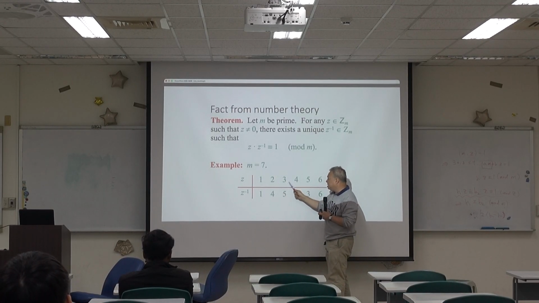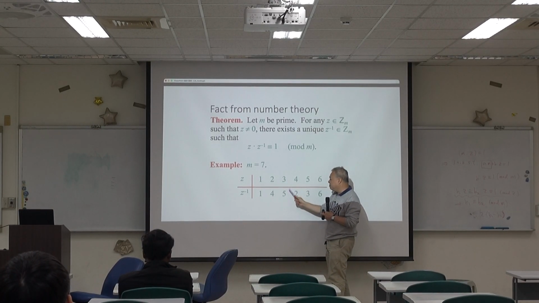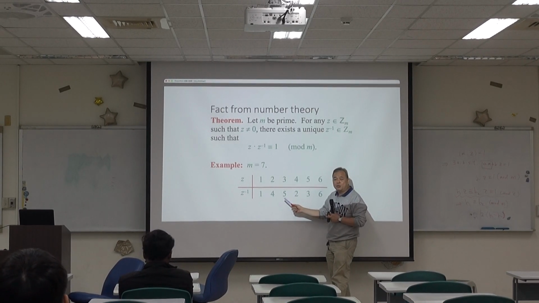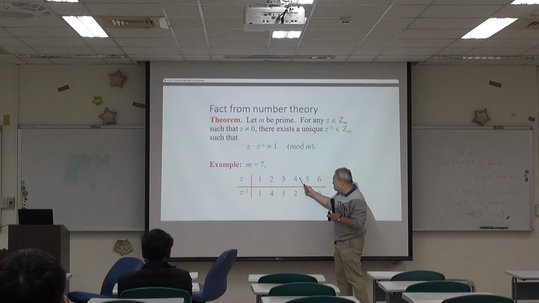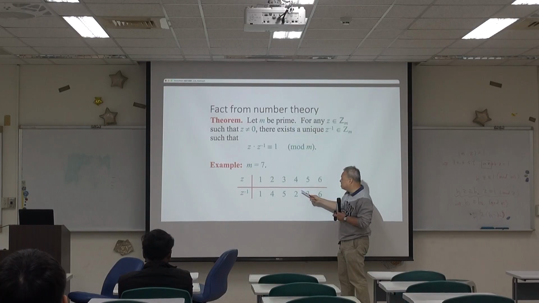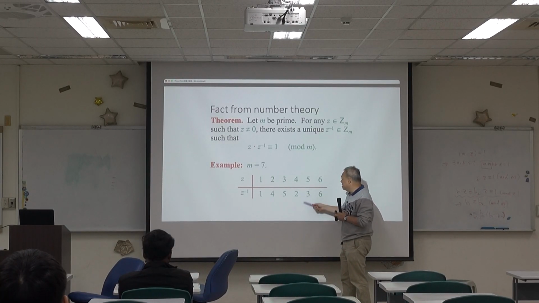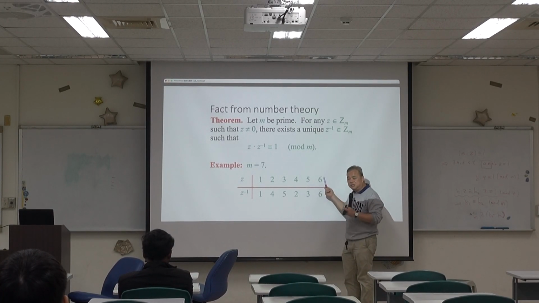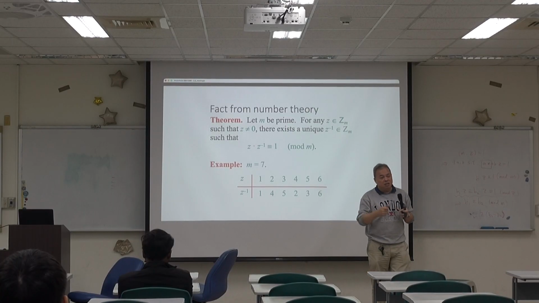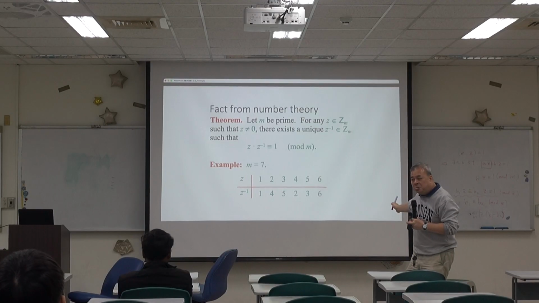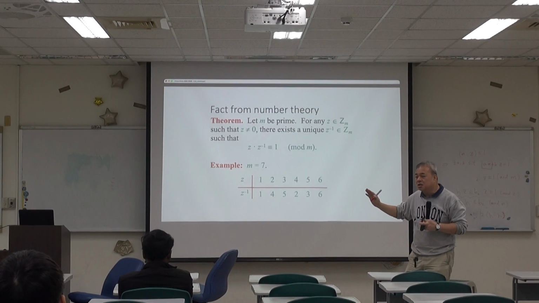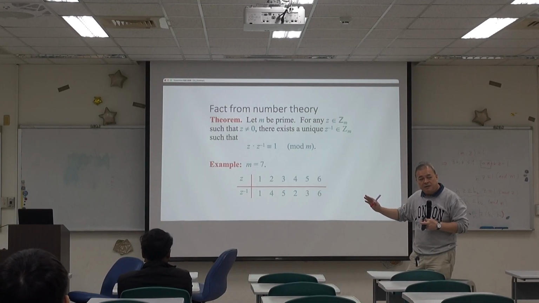If z is 3, then it's 5. 3 times 5 is 15, and 15 mod 7 is 1. 4 and 2: 4 times 2 is 8, and 8 mod 7 is 1. 5 and 3. 6 and 6: 6 times 6 is 36, and 36 mod 7 is 1. So for every number, the inverse exists and is unique.